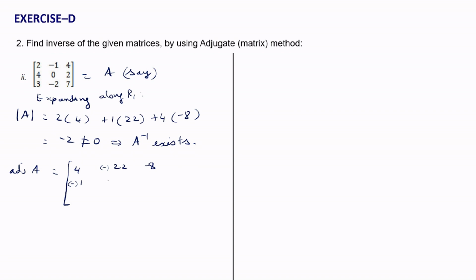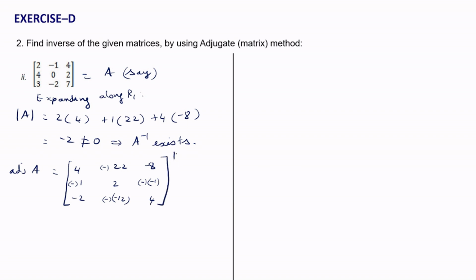And next we have 14 minus 12, 2. And next here we have a negative sign: minus 4 plus 3, minus 1. And next we have minus 2. And here we have a negative sign: next we have 4 minus 16, minus 12. And finally we have 0 plus 4, which is 4.